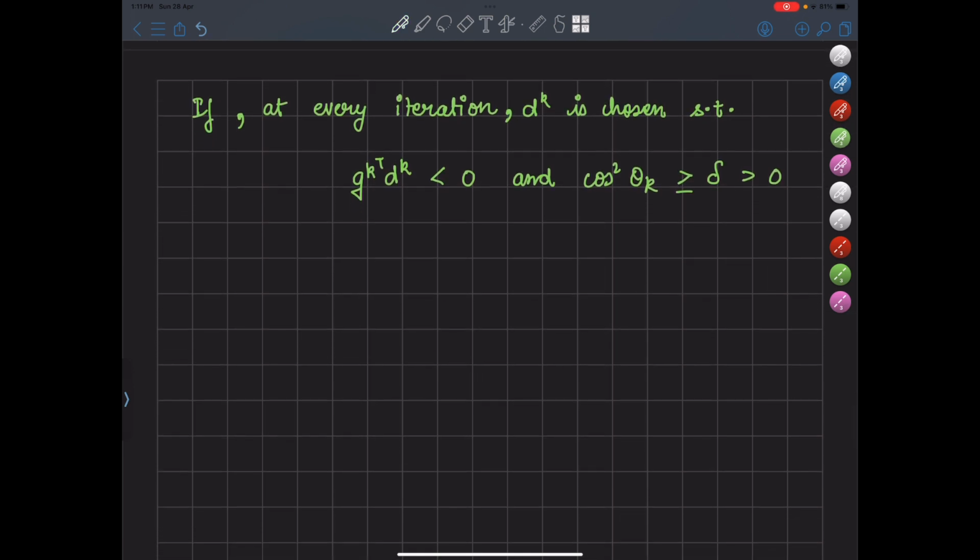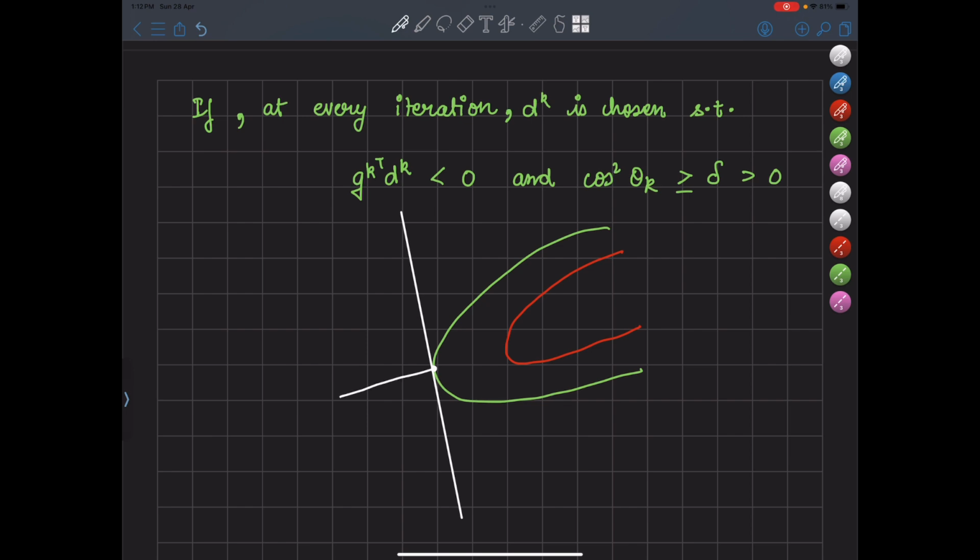Let's say we have some contour map. This is our point of interest, and this is our gradient gk, this is xk, let's say, and so we choose dk in such a manner that, we all know dk has to be chosen in this side of the area for it to be a descent direction.